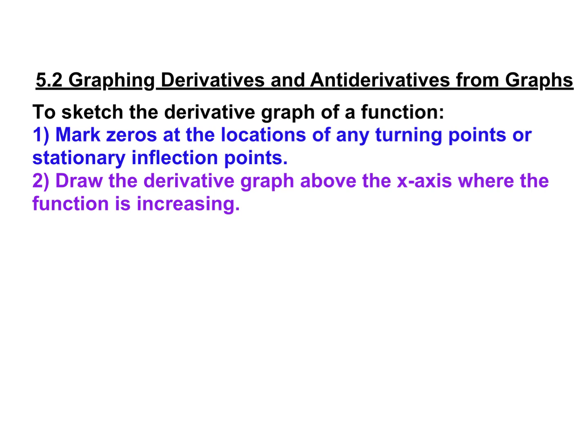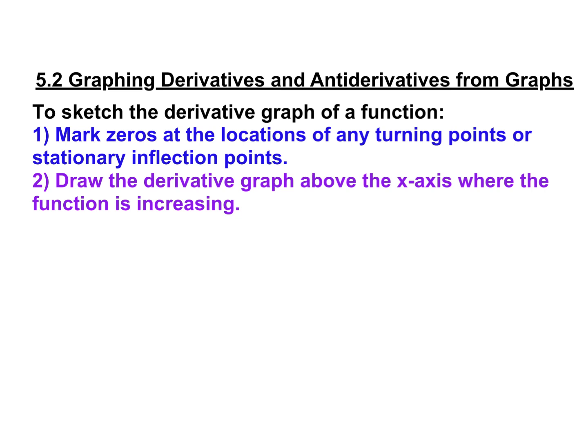Therefore, the graph will be in the quote-unquote positive region, and that is where the y's are positive. So we're going to need to know, when we look at the function, where is it increasing? And wherever it's increasing, we know that the graph of the derivative function will be positive, meaning it will be above the x-axis.